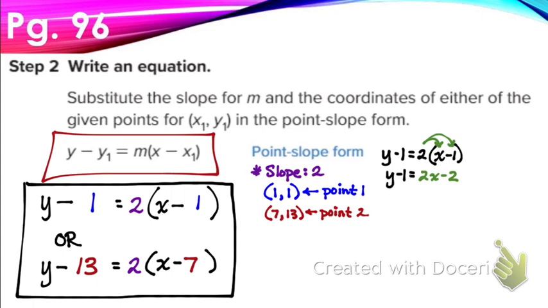How do I get Y all by itself now? Add 1 to both sides. What's negative 2 plus 1? Negative 1. All right, so there it is in slope-intercept form.